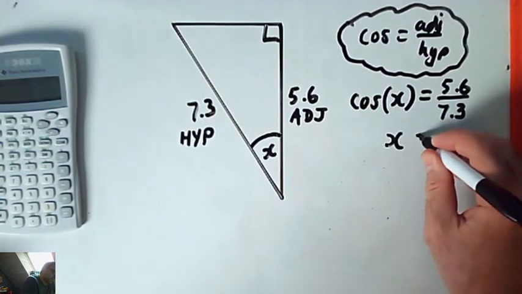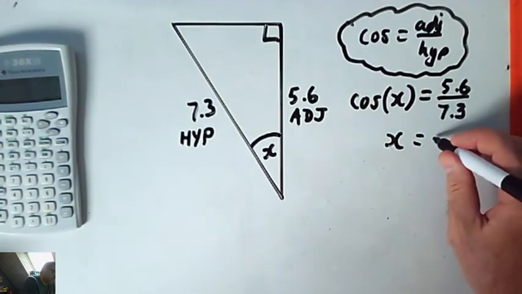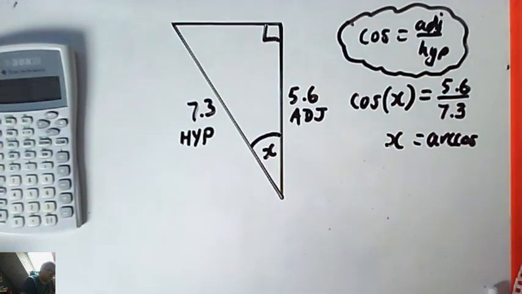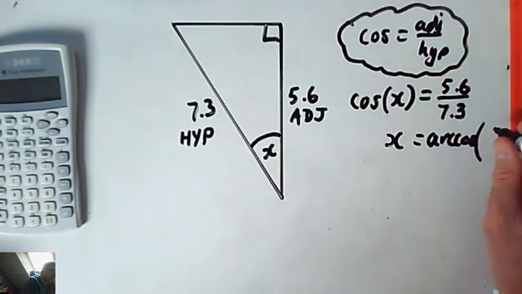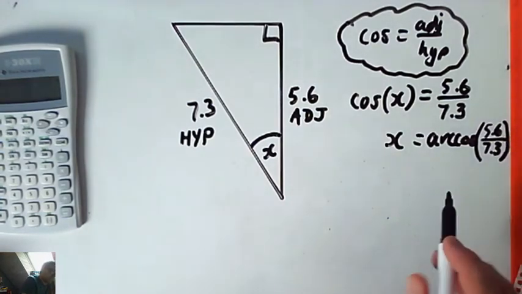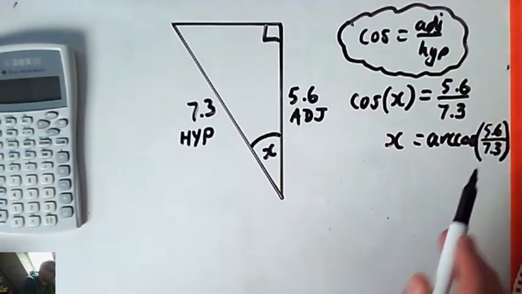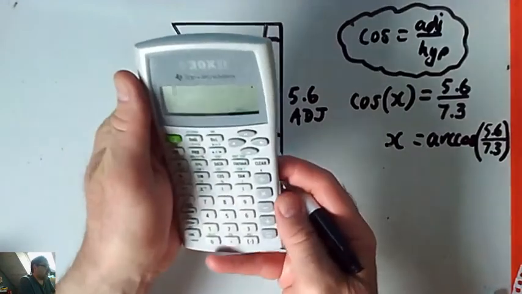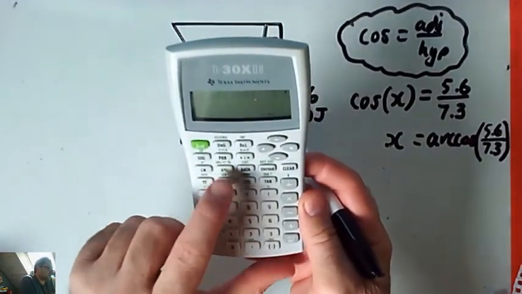So x itself is not cos of that, but it's the inverse cos or arc cos of that. I hope I can just about squeeze that in. So x is the arc cos or inverse cos of 5.6 over 7.3. So onto the calculator.